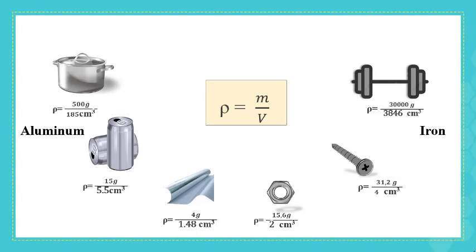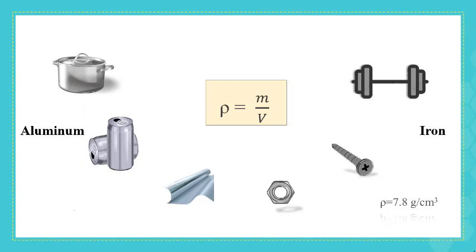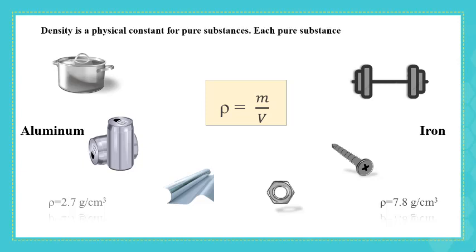When you divide the masses and the volumes, you'll get that the things that are made up of iron have the same density that is equal to 7.8 gram per centimeter cube, and the things that are made up of aluminium have a constant density that is 2.7 gram per centimeter cube. So, density is a physical constant for pure substances. Each pure substance has a constant density.